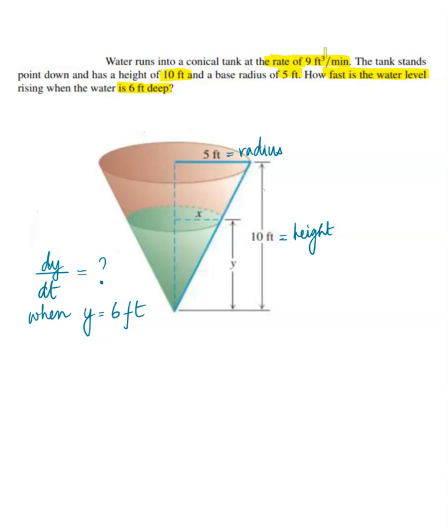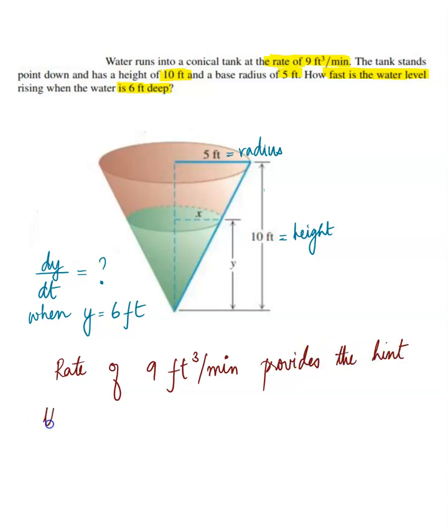So the biggest hint for us is in the units. So let me write that here. Rate of 9 feet cubed per minute, I would say, provides the hint that the volume is considered.